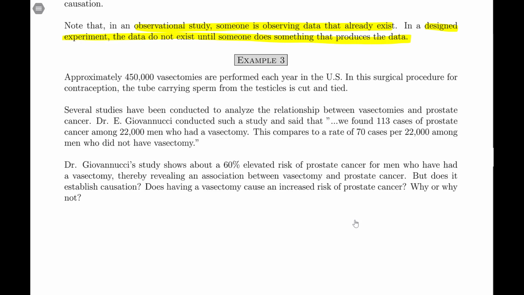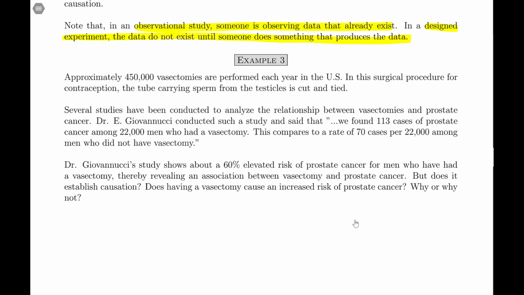But does it establish causation? And our answer to this is no, we can't make that claim. Even though the data seems to indicate that, it's an observational study. They did not do any experimentation and set up a designed experiment where they could actually compare more pertinent data.